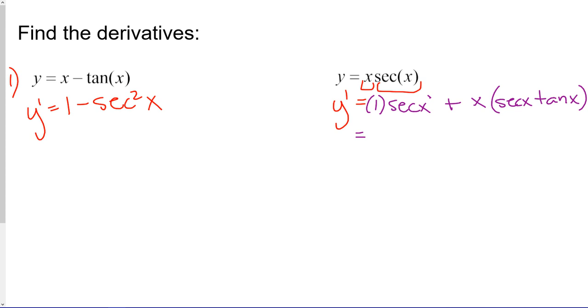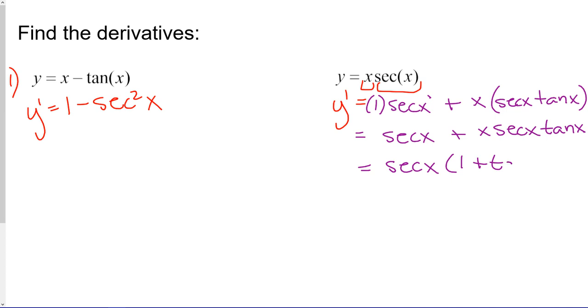So we're just going to simplify. We get secant x plus x secant x tangent x. I'm going to factor out a secant of x. So I get secant x times 1 plus x tangent of x. Okay, nothing too bad.